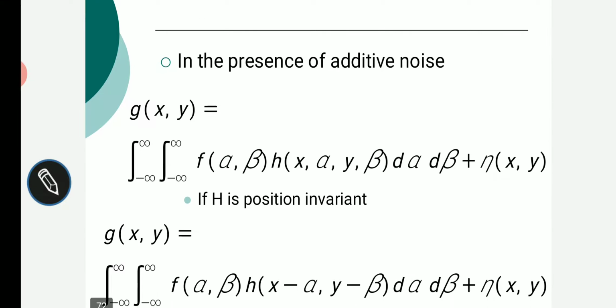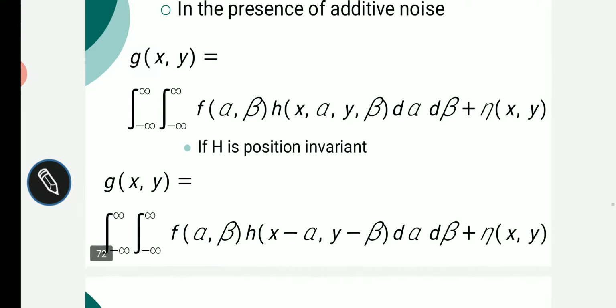If the additive noise is present, where we assumed η(x,y) is 0 only for convenience, then substituting this one at the end, we get this expression.